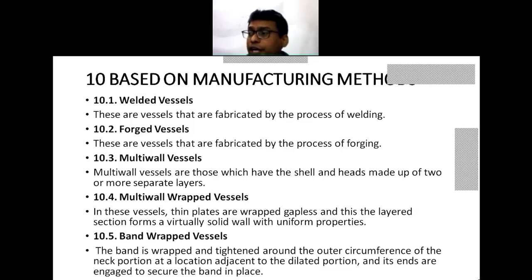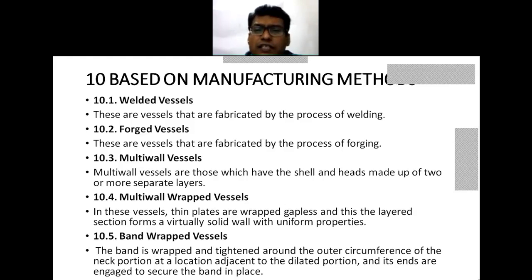Doing a vertical joint, doing vertical welding in a sheet. If it is a sheet, I am going to bend that and weld it vertically. So this is the most common way of fabricating vessels. Then forged vessels or cast vessels are there.